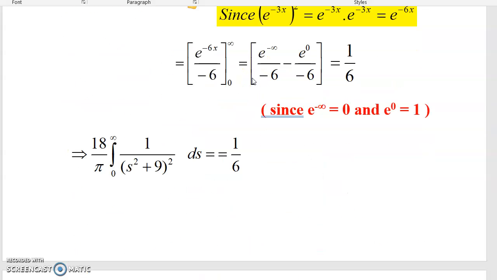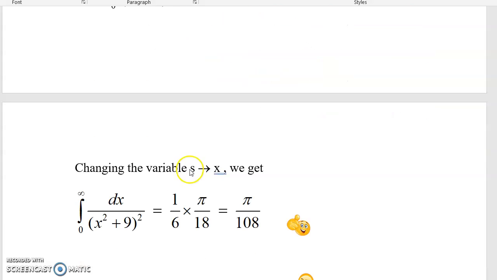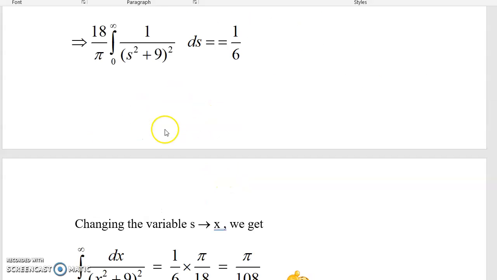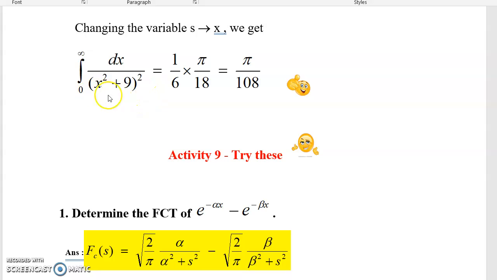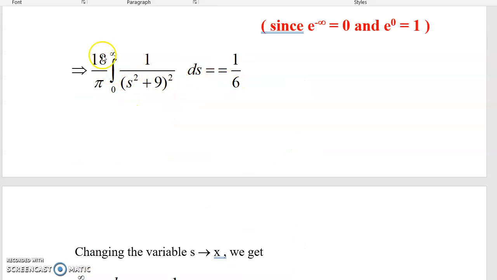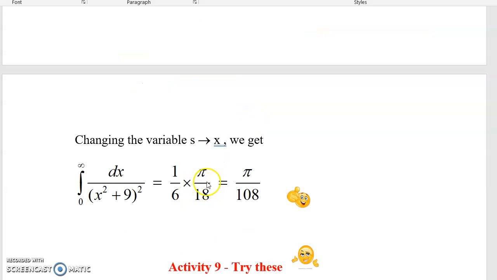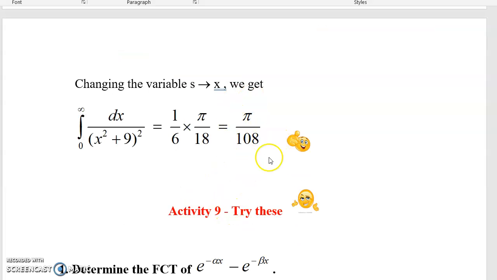Here you have ds by s square plus 9 the whole square. Same term has come, just we need to change the name of the variable to x. So changing the variable s to x. See here, we have dx divided by x square plus 9 the whole square equal to, taking this 18 by pi to the right side, 1 by 6 into pi by 18. So the final answer is pi by 108.